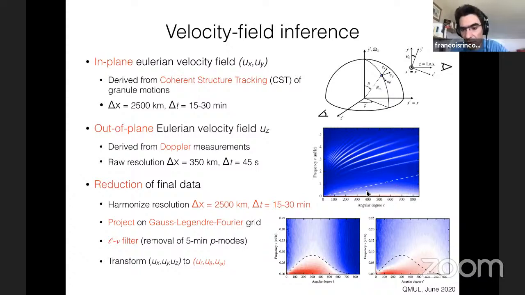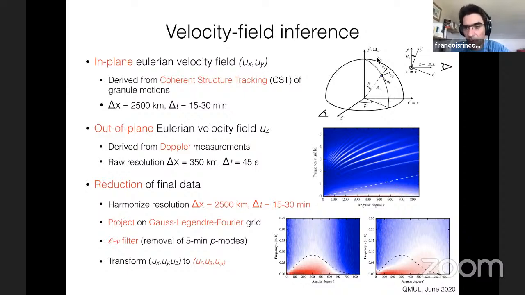And then at the bottom, where you have most power, this is the low frequency component, which is convection. So essentially, if you do a low pass filter on this data and then get back to your regular space and time, you can filter out the oscillations and end up with just the convection signal.